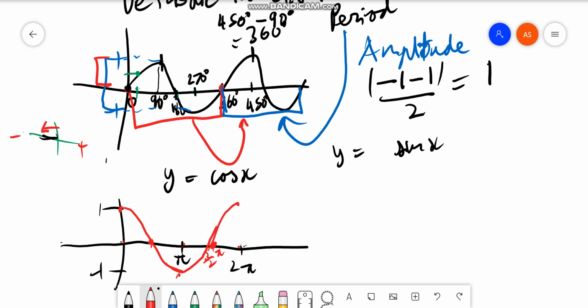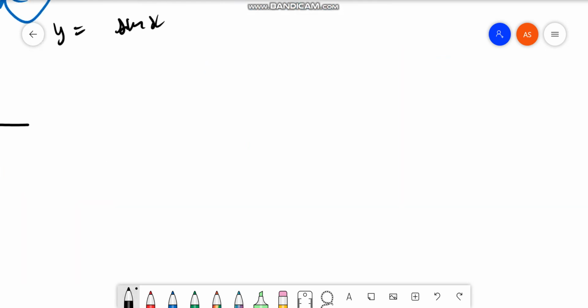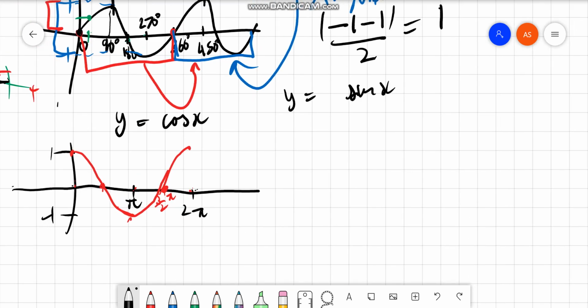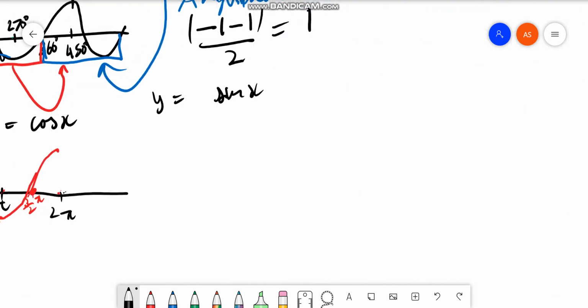Now, tan is going to look really different because tan 90 is undefined, so it doesn't exist. So let's see how that looks. Now let's graph y equals tan x.